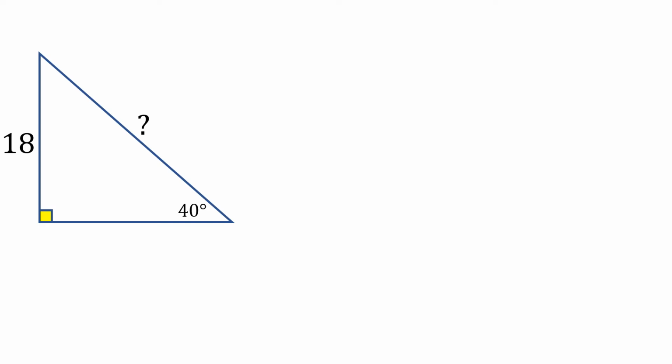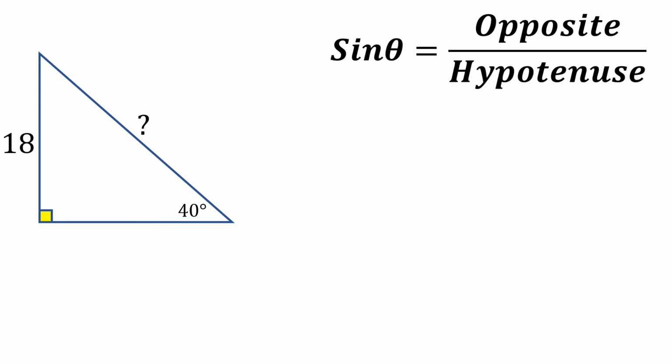So what are the parts involved in this problem? That is the angle, the opposite side to the angle, and the hypotenuse. That means we need to use SOH, or sine theta equals opposite over hypotenuse.